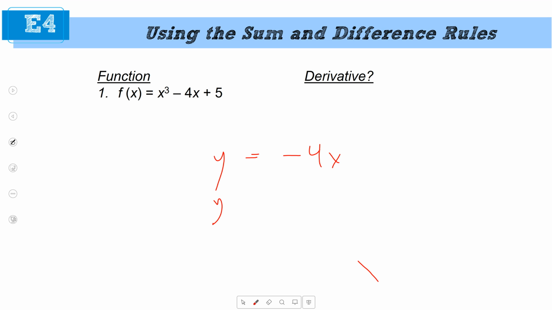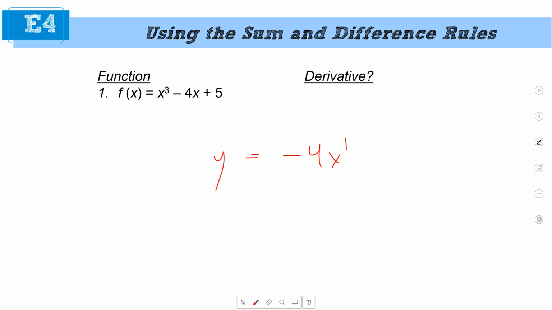Negative 4. Okay, that's one way to think about it. However, what JJ just said is that this is x to the first. Bring the 1 down. 1 times negative 4 is negative 4. Reduce it by 1. What's x to the 0? 1. So we're left with negative 4.